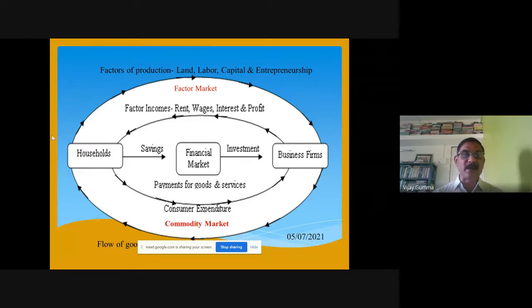Thus, this one circle gets complete. This outer circle is known as the real flow of goods and services.